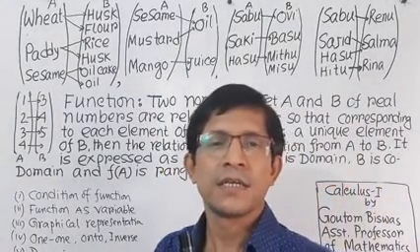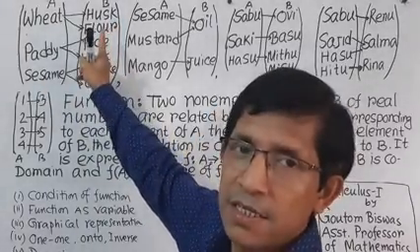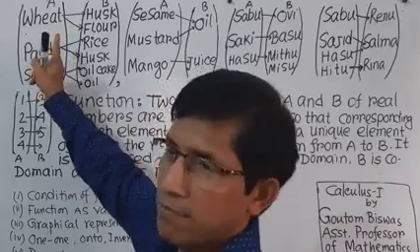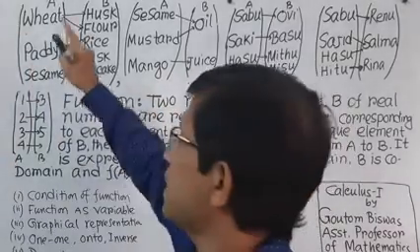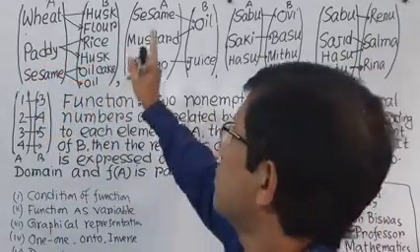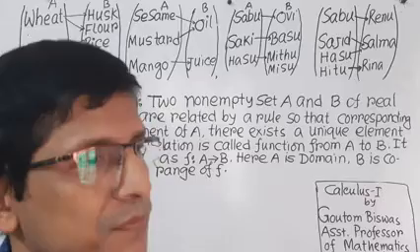First set A, second set B. That means if you take each item of the first set, you will get one or more items of the second set.